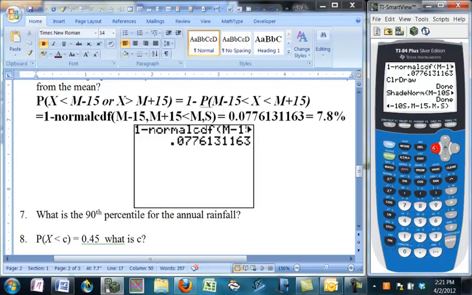Do another shade normal. This time the left side is going to be mu plus 15, and the right side is going to be mu plus 10 sigma.